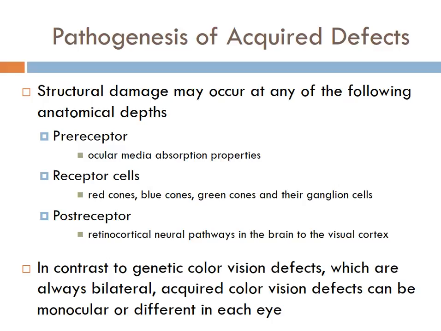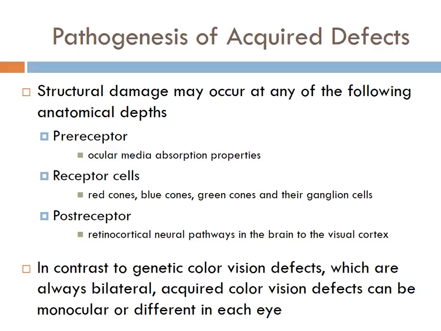So the first thing that could happen as far as where the damage is, well, the damage could be in the front of the eye, kind of in the middle, where the lens is, so a prereceptor. It could be receptor cells, the red cones, the blue cones, the green cones, and their ganglion cells. So any disease process that can damage the cones and their ganglion cells can affect color vision. Well, the first thing that comes to my mind is glaucoma, but we'll talk about that in a minute.